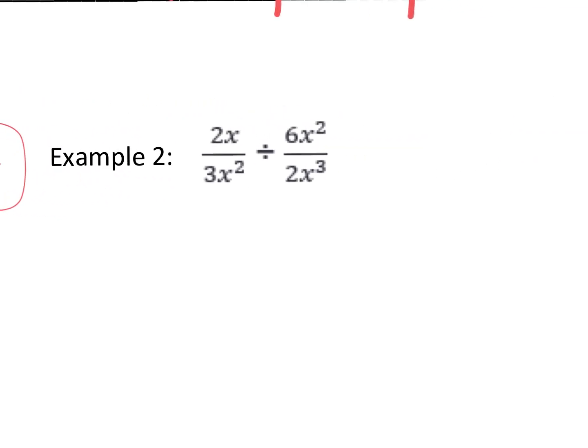All right, number 2. What is the first thing that we notice? It's a division problem, which means keep, flip, change. Kentucky Fried Chicken. We are going to keep the first fraction the same. Don't change anything. We're going to flip the second fraction. So it's going to be 2x to the third over 6x squared. And we're going to change the division sign to multiplication. You could put a star, a dot, an X, whatever you like to write for multiplication problems.